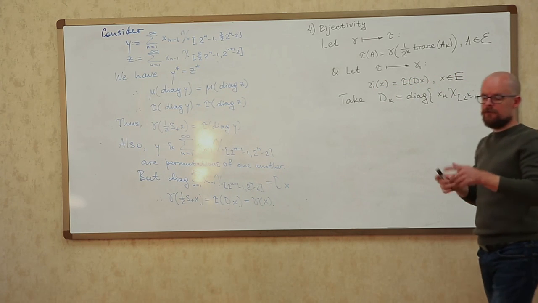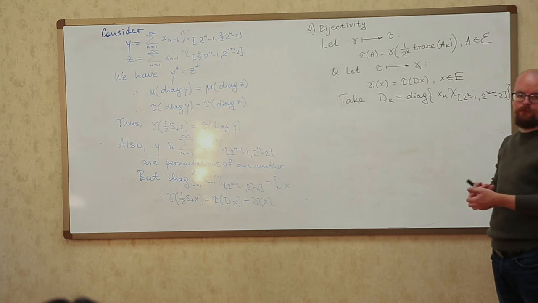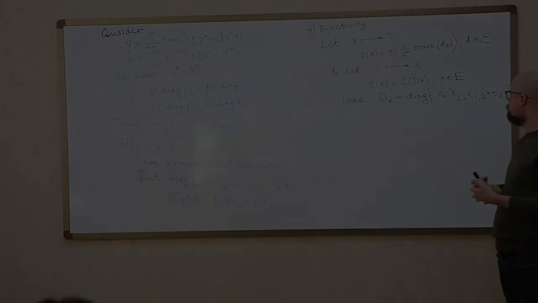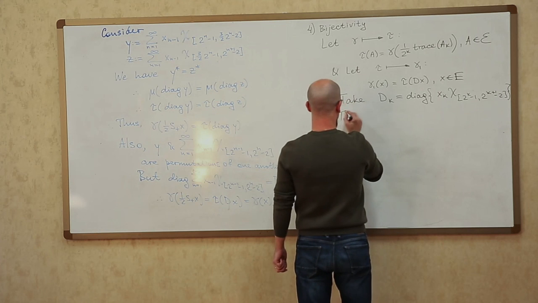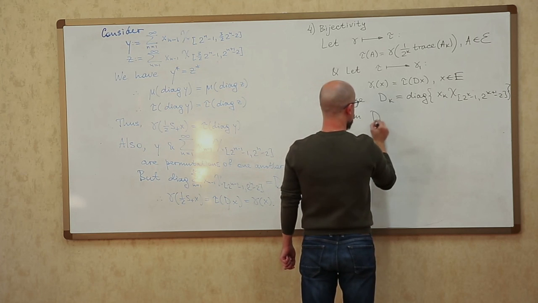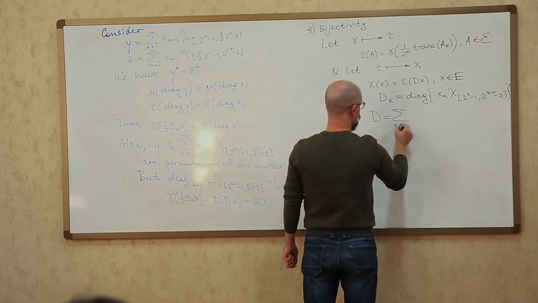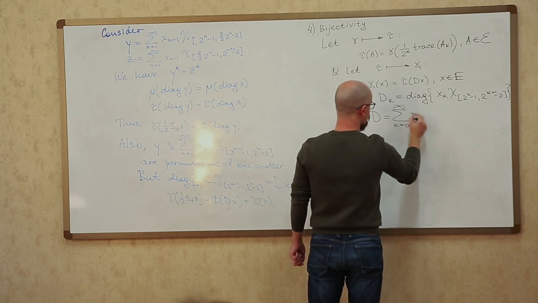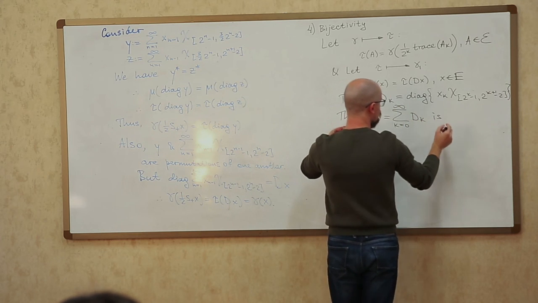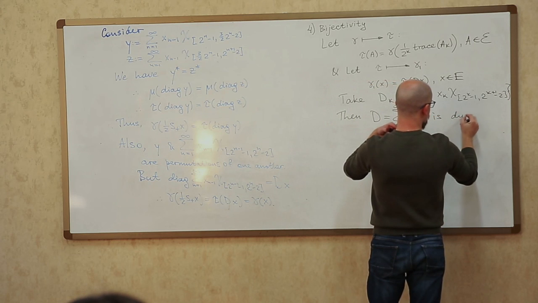Just the diagonal operator of the building blocks for the operator D. Then D equals the sum of d_k, which is its dyadic E representation.